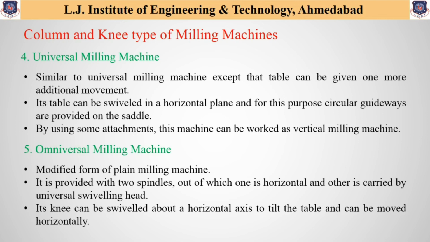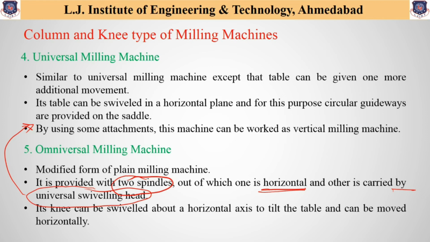But in the case of the omniversal milling machine, it has two spindles available, out of which one is horizontal and the other is carried by this universal swiveling head, which is nothing but the arrangement provided in the universal milling machine.